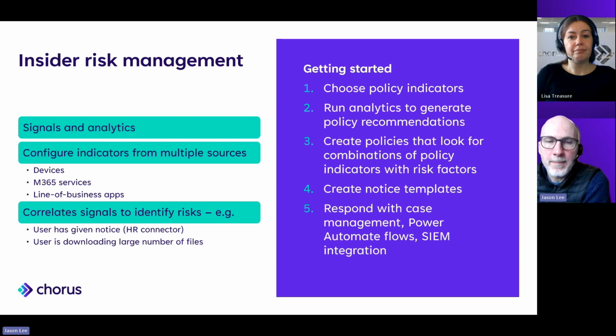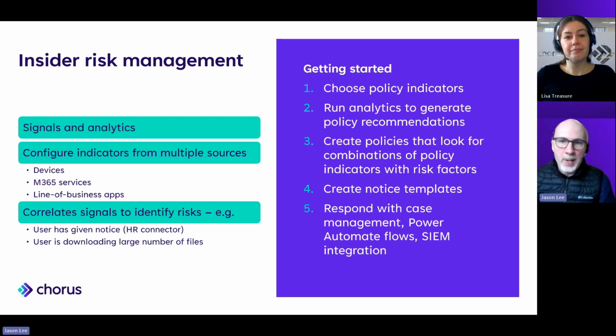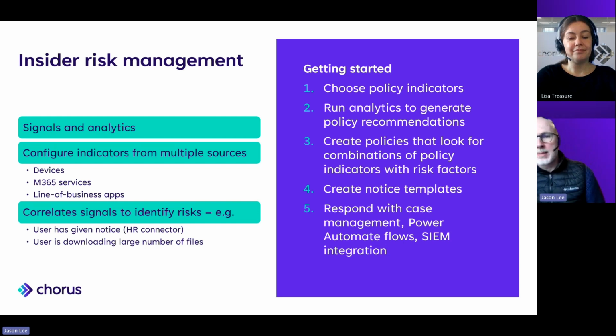Broadly speaking, insider risk management is about looking at correlation between these signals. So any one signal in isolation might be meaningless, but when several signals occur at the same time, it might be indicative of a problem. So the usual example here is, let's say you've got an employee who's handed in their notice and they're downloading an unusual number of files from SharePoint.